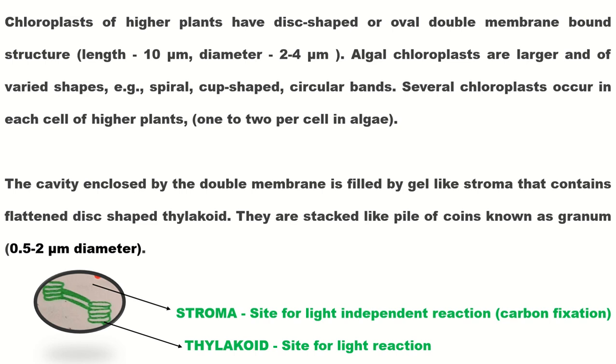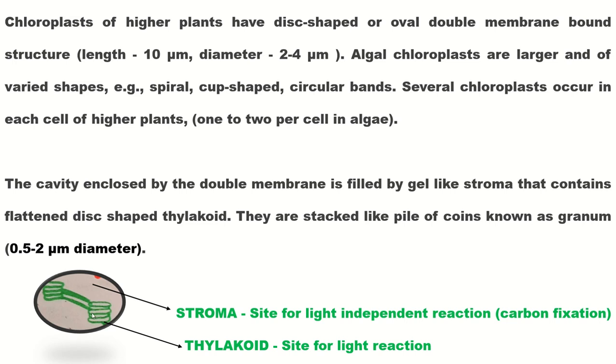Several chloroplasts occur in each cell of higher plants. In algal cells it varies from 1 to 2 per cell. The cavity enclosed by the double membrane is filled with a gel-like stroma that contains flattened disc-shaped thylakoid.